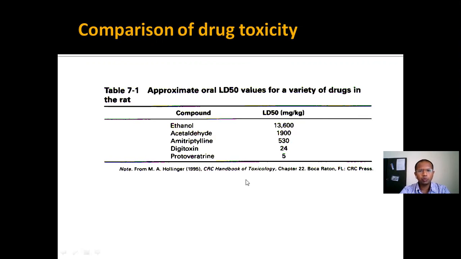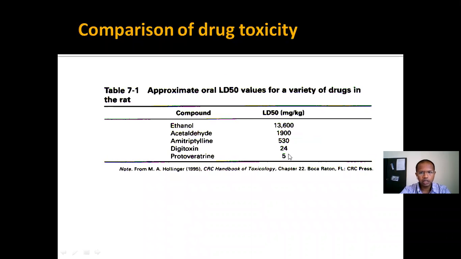For example, approximate oral lethal dose values of a variety of drugs. For ethanol, for example, take a 60 kg man. The person will need 13,600 milligram into 60 of ethanol to produce a toxic effect or to kill the person.